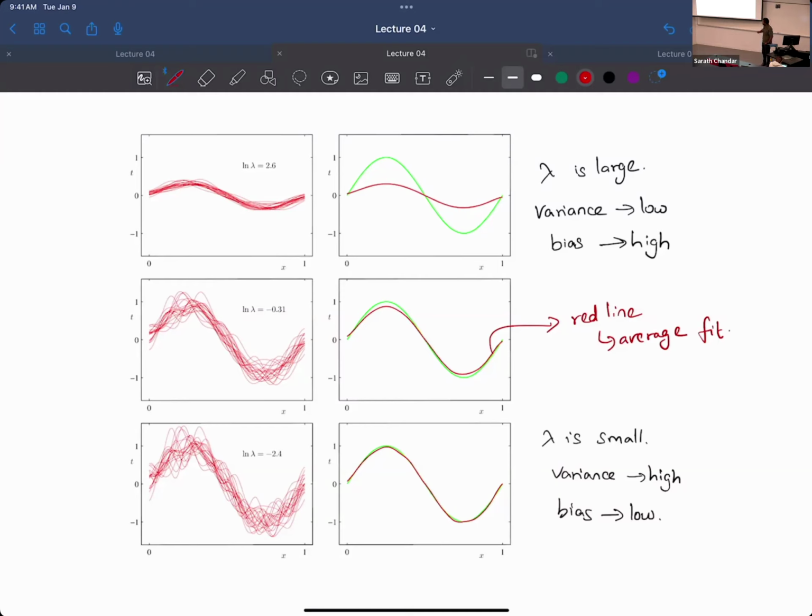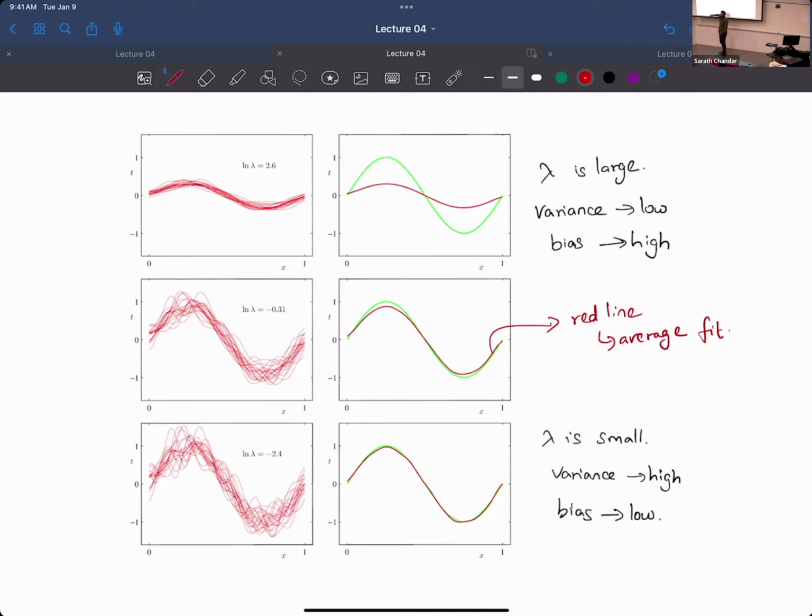Now look at the bottom. When lambda is too small, the variance is high. What does this mean? This model is going to overfit. If you just look at individual curves here, they all look wiggly.